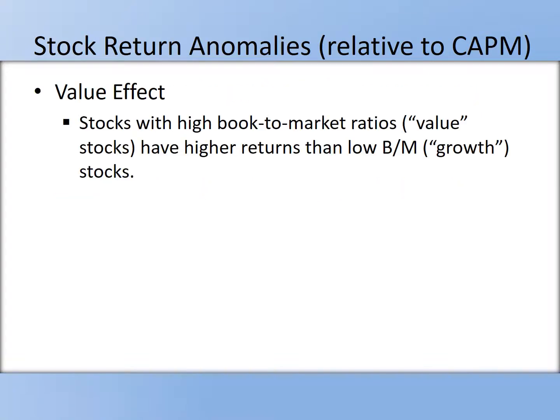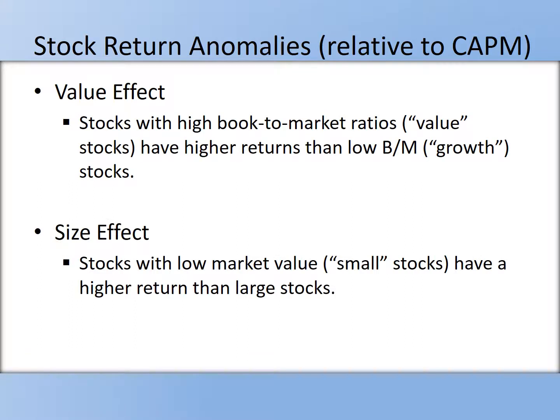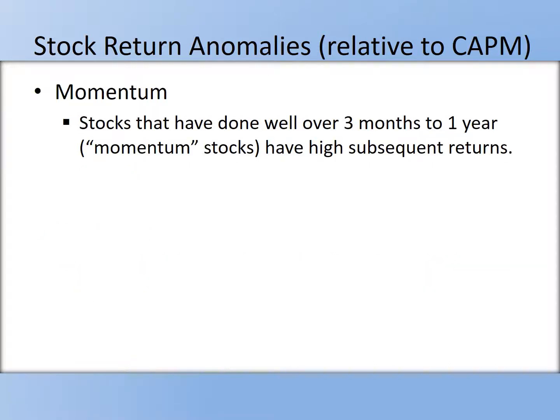All right, now we have mentioned the two biggest anomalies, well recognized, the value effect and the size effect. The next one I'm going to mention is momentum. Momentum is the notion that stocks that have done well over the past 3 months to a year have high subsequent return.